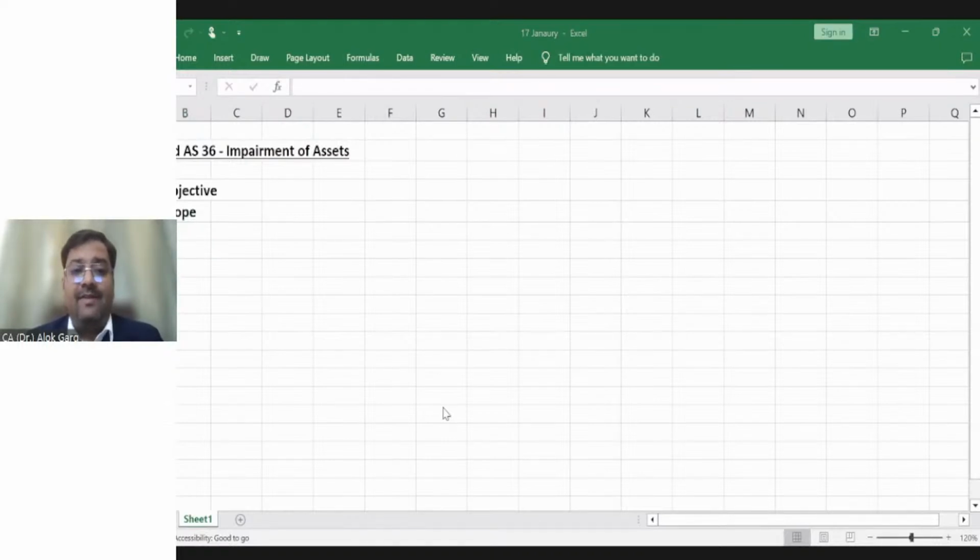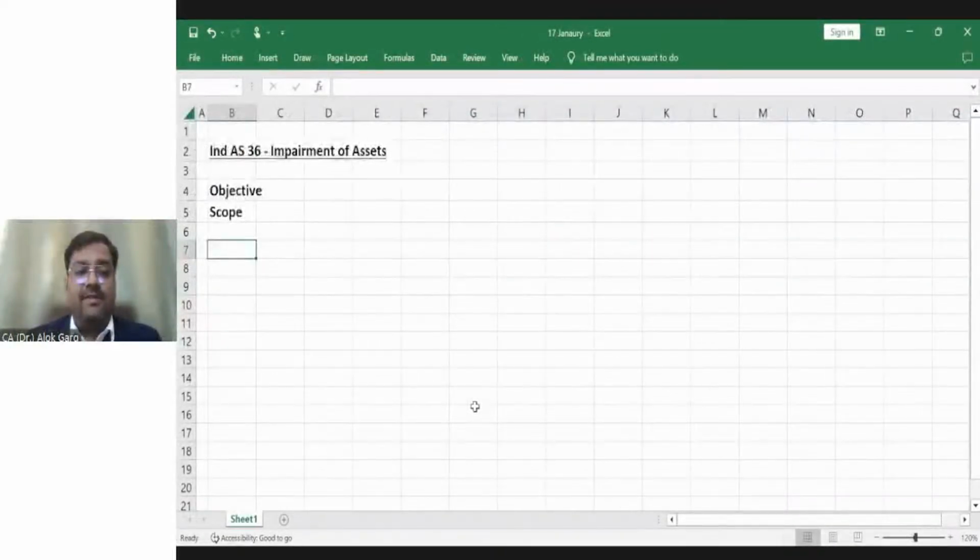And of course, we have discussed what is meant by recoverable amount, that recoverable amount is the higher of fair value less cost to sell and value in use. We have discussed these three concepts also. I hope my Excel file is visible.